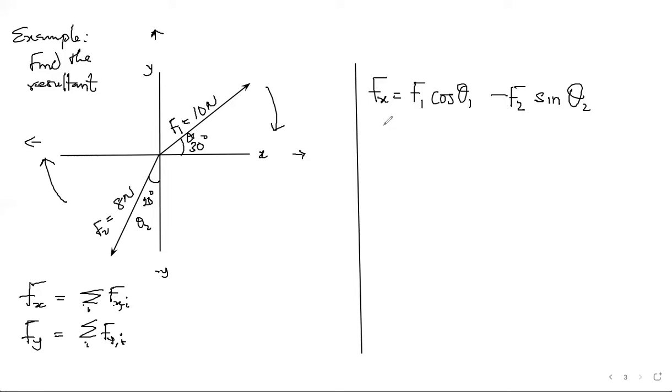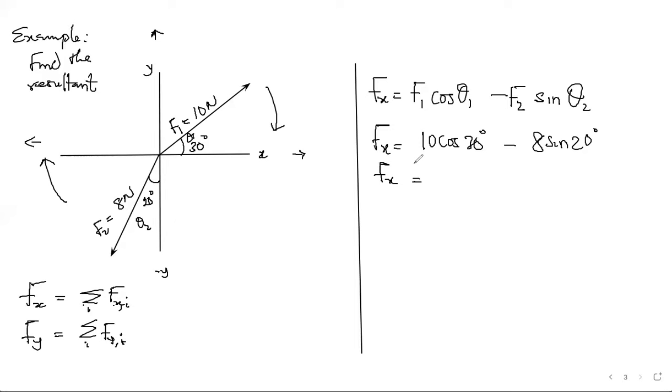So the resultant Fx, the total Fx that we have here, will be 10 cos 30 degrees minus 8 sine 20 degrees. That means I've resolved all the forces along x, because I have just two of them.